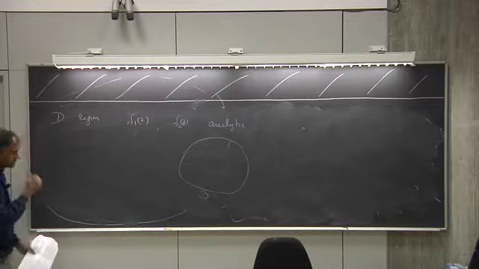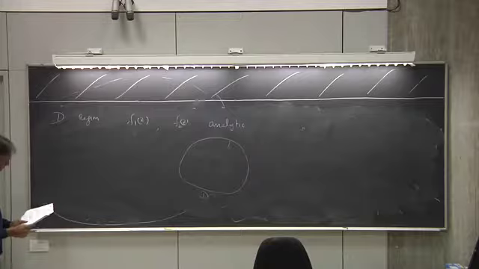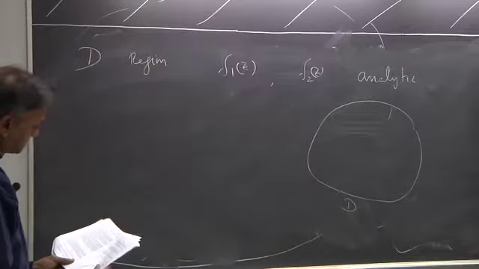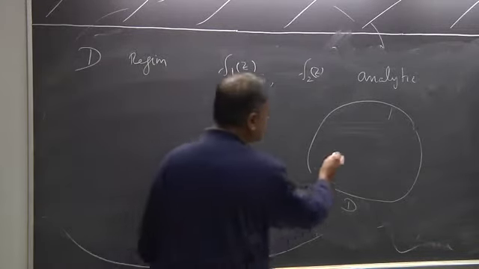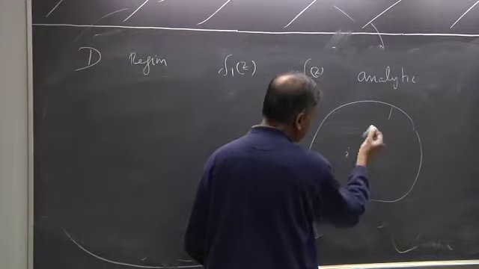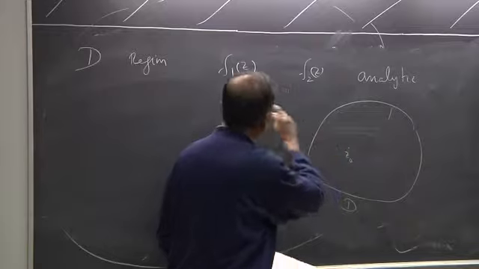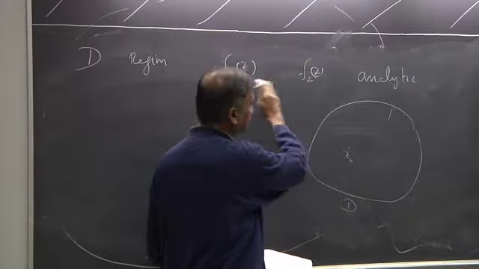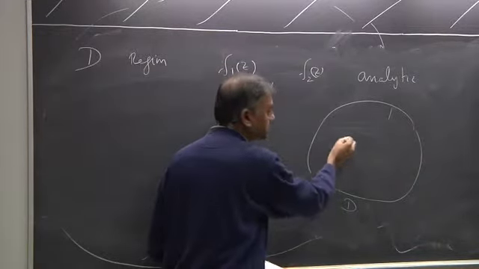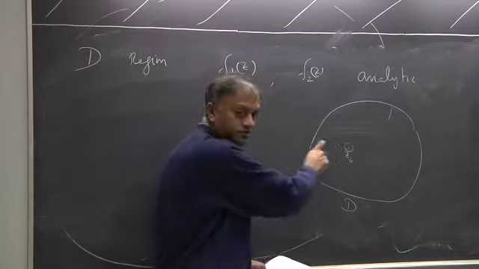And furthermore, there are several statements one makes. Suppose z naught is some point here, and suppose that these two functions are equal in some neighborhood of z naught.